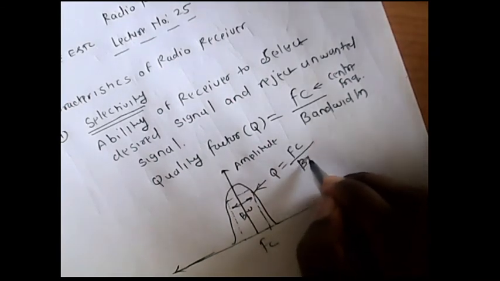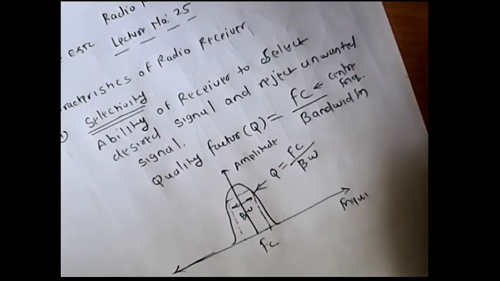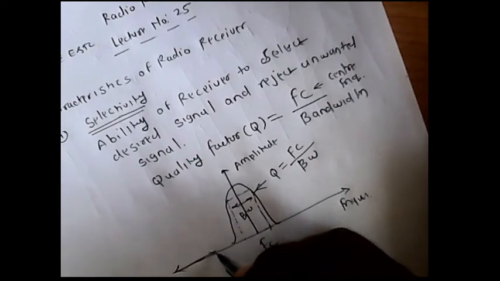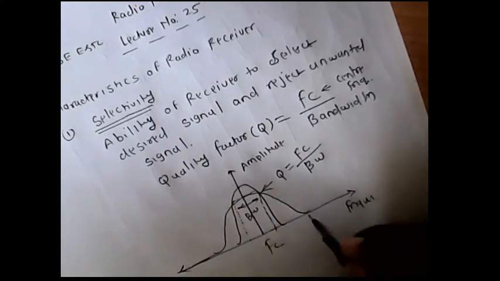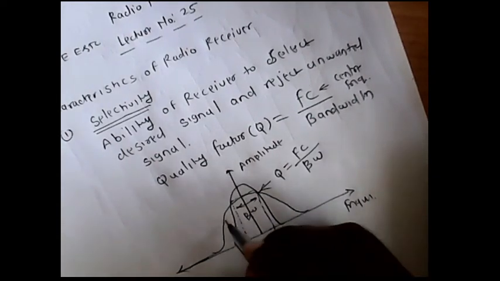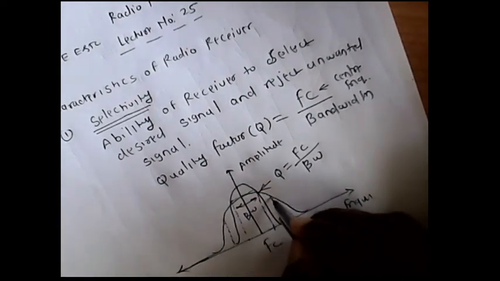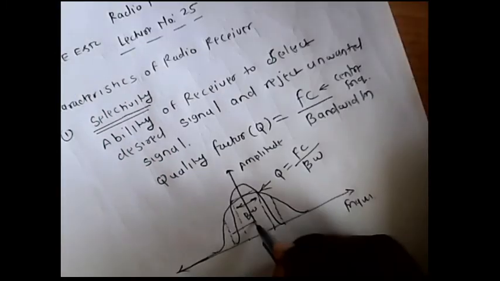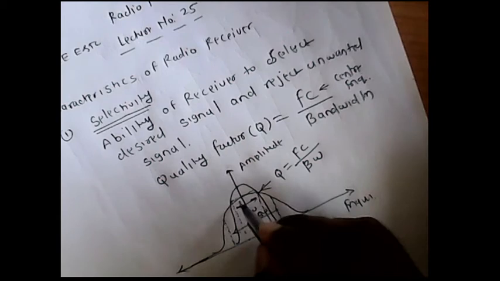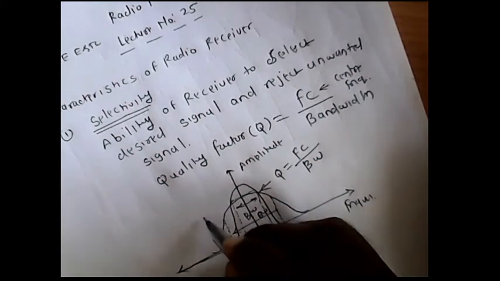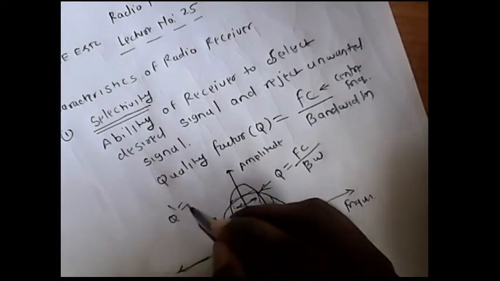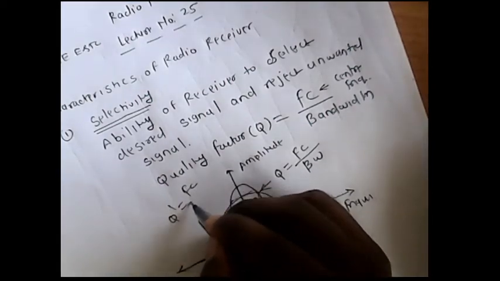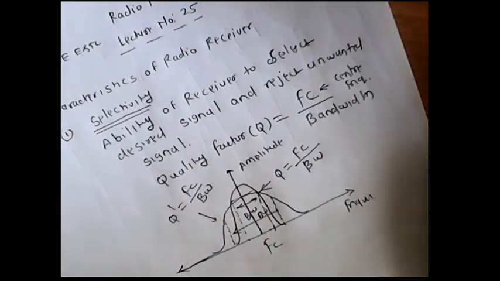If we draw another curve, the new bandwidth will be defined as BW dash with the same center frequency Fc. The quality factor Q is again Fc divided by BW.